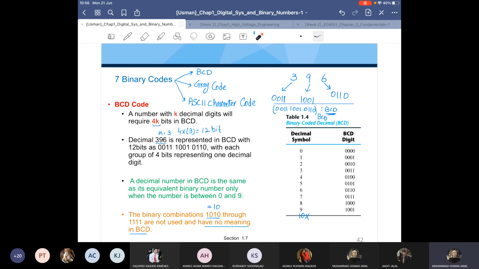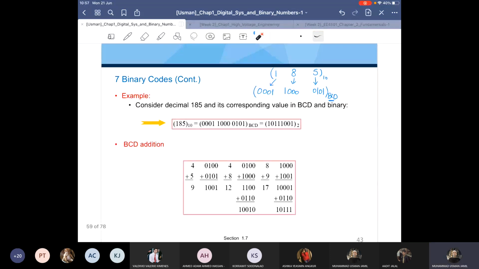It means each 4 bits represent one decimal digit.